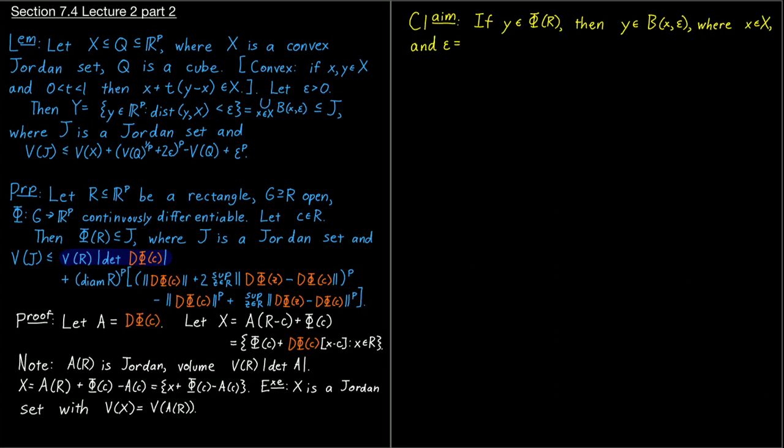It is the diameter of R times the supremum over z in R of the norm of d phi of c minus d phi of z.